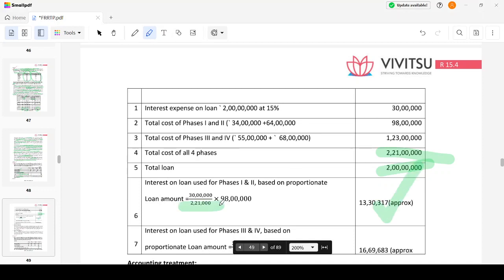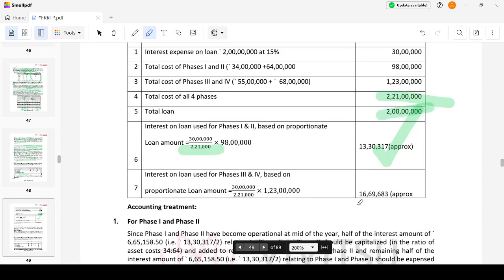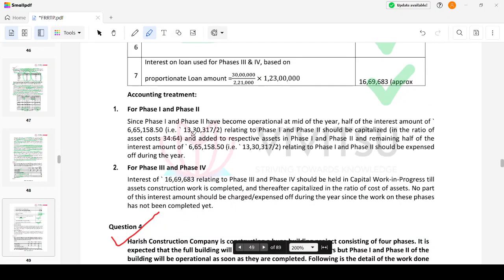This is a typo error, please ignore. And then the remaining would be the portion for phase 3 and phase 4. Accounting treatment: since phase 1 and phase 2 have been operational in the mid of the year, half of the interest amount will be capitalized and half should be charged to the profit and loss account.